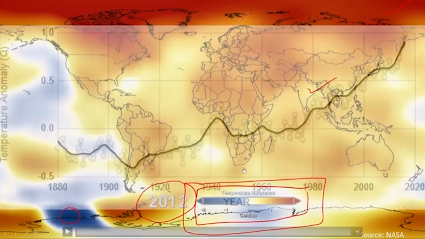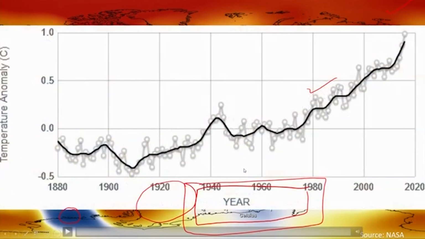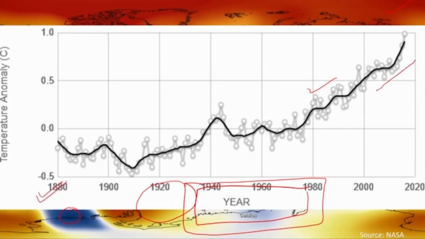So we have taken this information and plotted it here, and there is some extrapolation. You can see from 1880 to 2020 how this temperature anomaly is changing, right? So maximum we have 1 degree temperature anomaly across the globe.